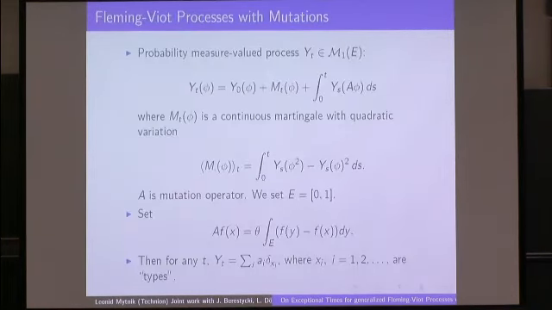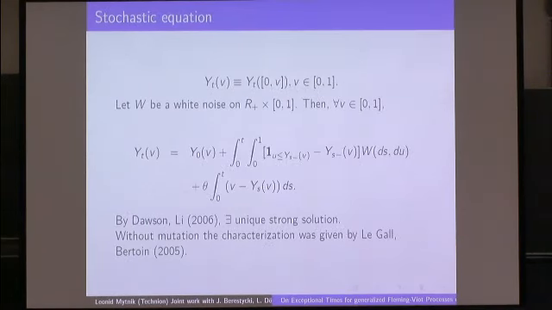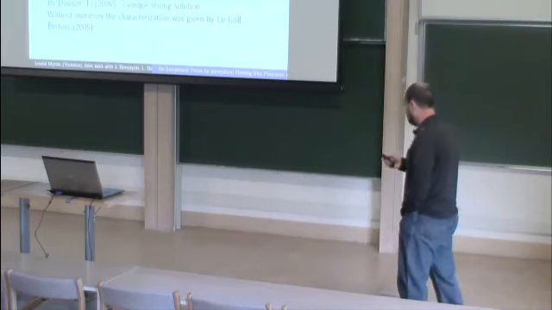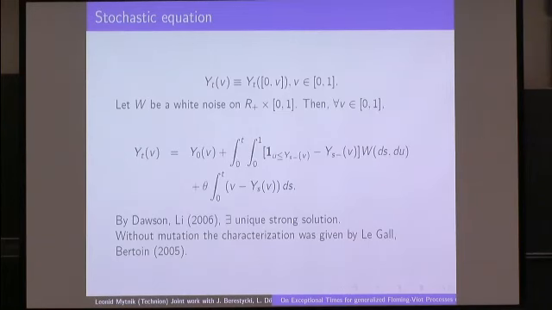Okay. Now, another characterization of this process. There is weak uniqueness for the solution to this martingale problem. It's well known and well established. Another way to think about this process is to characterize it by an SPDE. We define Y_t(v) to be the distribution function of the measure Y. It turns out you can easily construct the SPDE which characterizes this process.